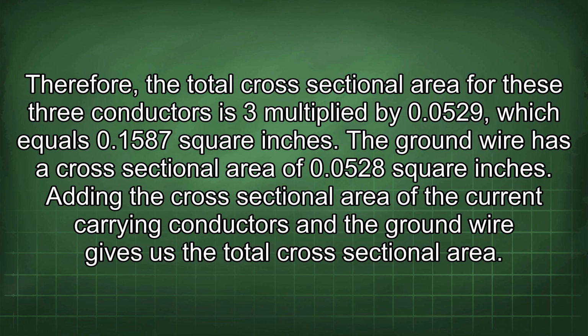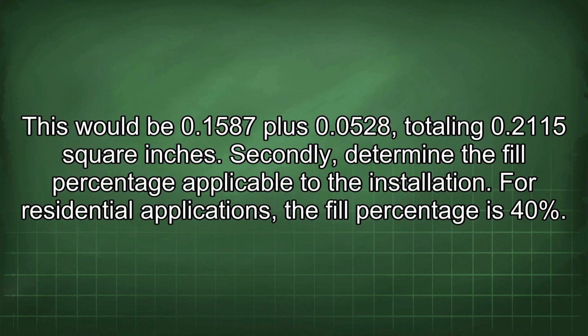The ground wire has a cross-sectional area of 0.528 square inches. Adding the cross-sectional area of the current carrying conductors and the ground wire gives us the total cross-sectional area. This would be 0.1587 plus 0.528, totaling 0.2115 square inches.